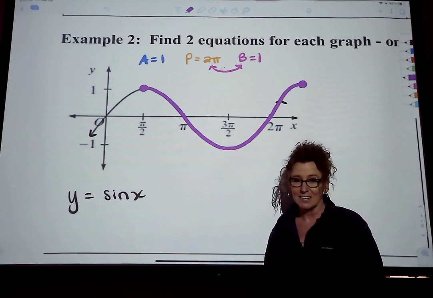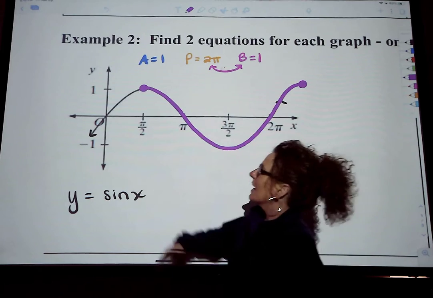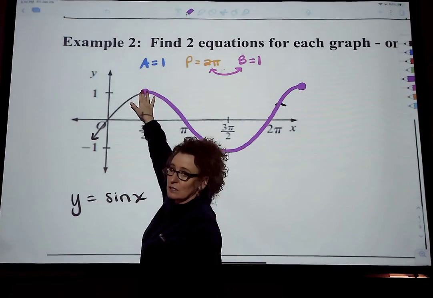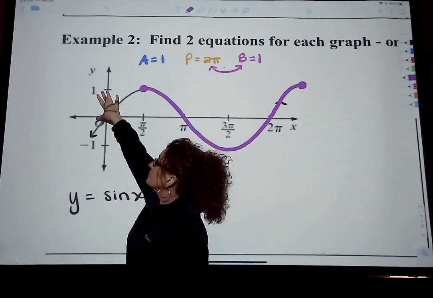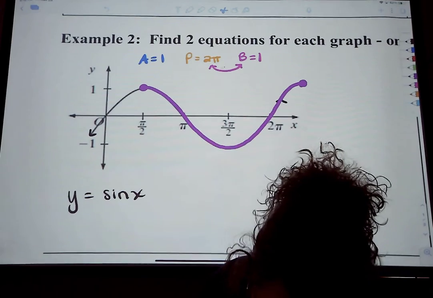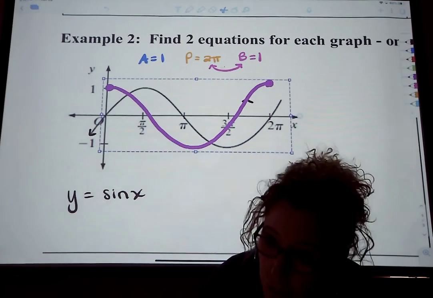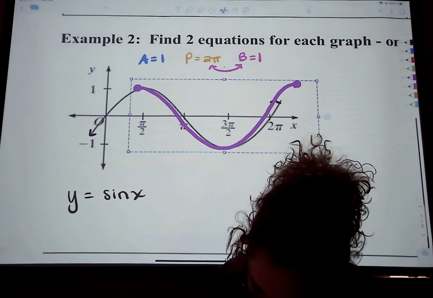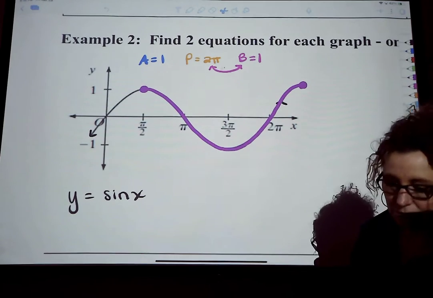It could be a sine, it could be a cosine graph that has just been moved over a small amount. I think somebody took a normal cosine graph and moved it right pi over 2.